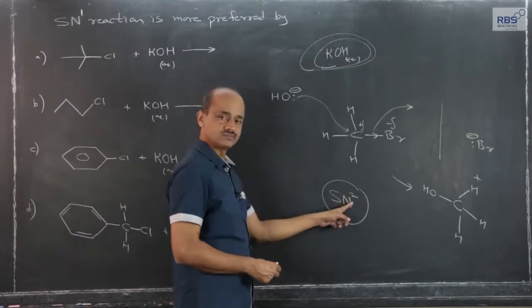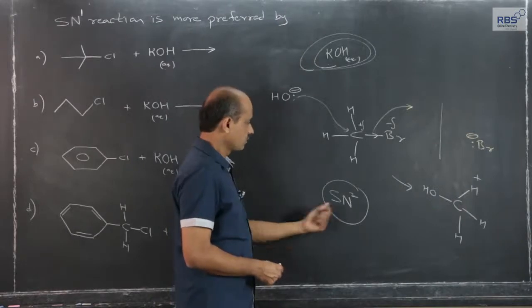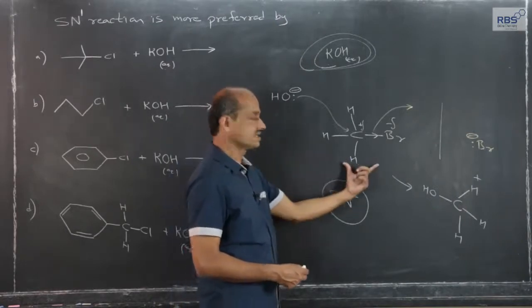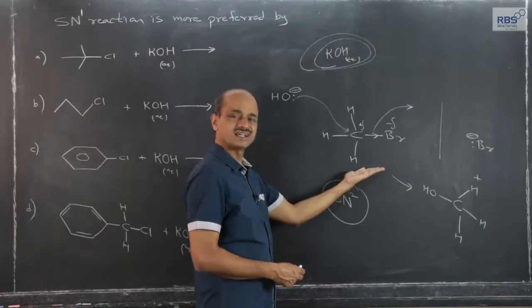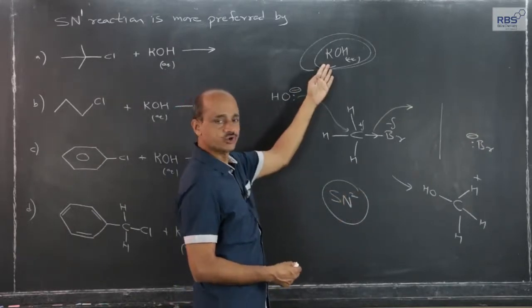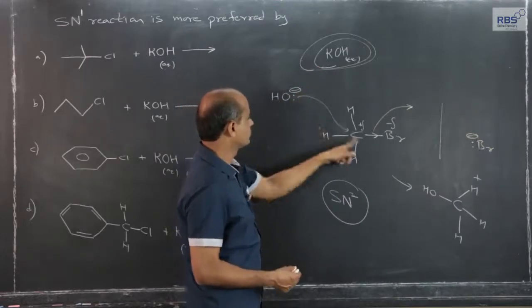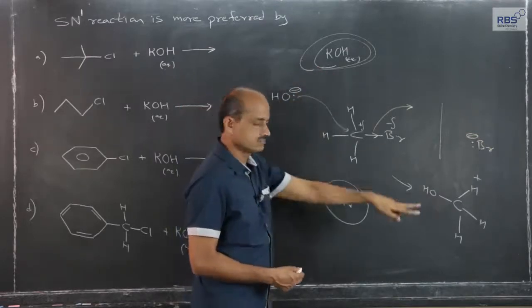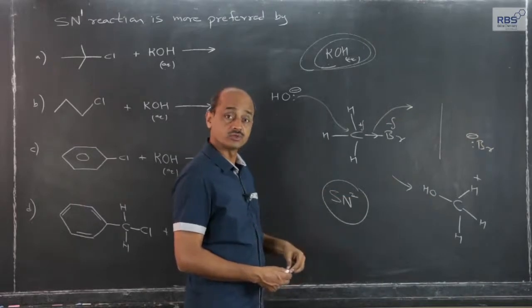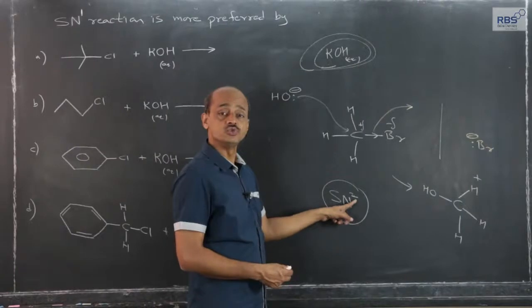The 2 stands for kinetics, because the rate of this reaction depends on the concentration of substrate, the main reactant, and also the concentration of the attacking nucleophile KOH, meaning OH minus comes from KOH. The rate of the reaction depends on both, and therefore the concentration of both decides the rate of the reaction, therefore the 2.